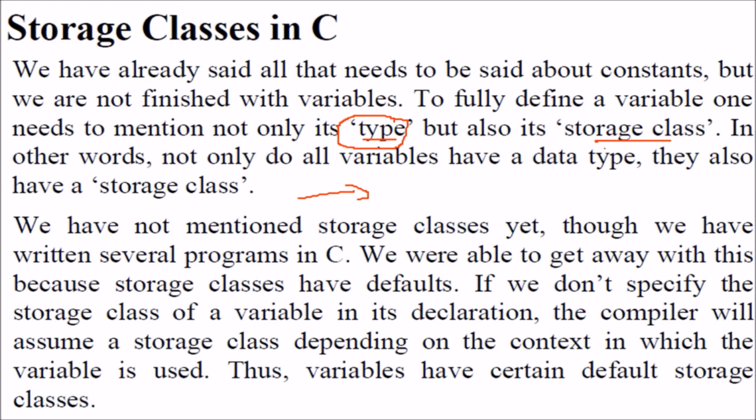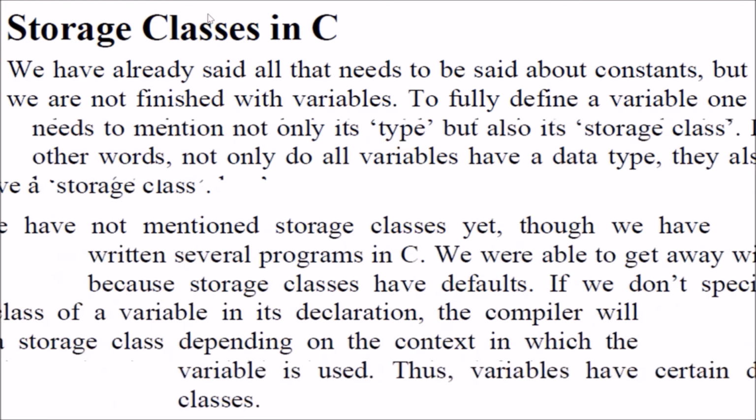But storage class means where to put. And here we assign the storage class depending on the context, because of the way we are going to use the variable, we are going to put it in some storage class.